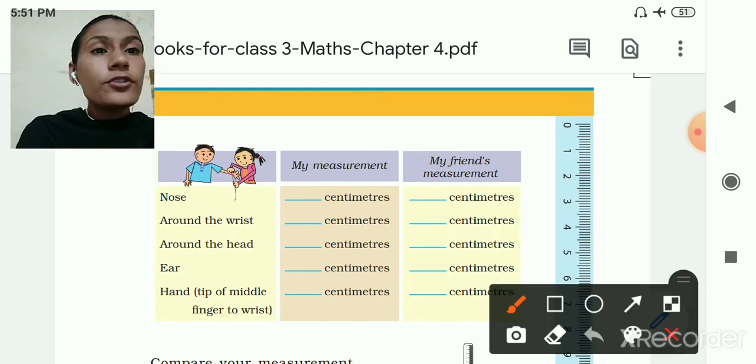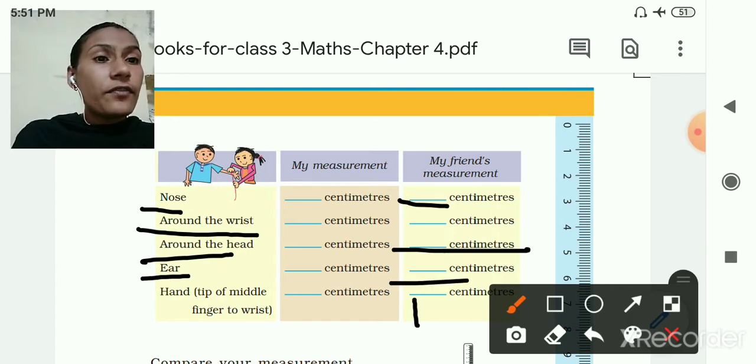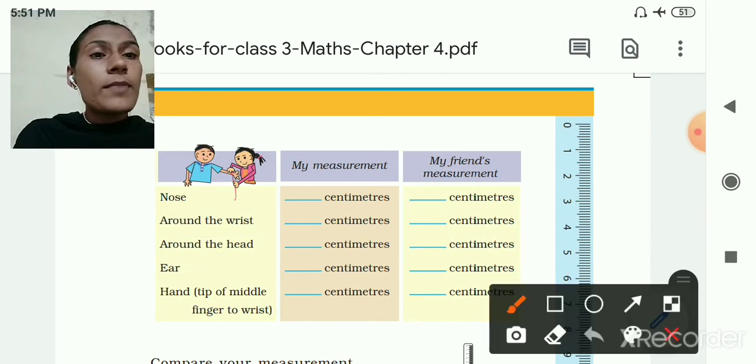What you have to do, you have to measure your nose and your friend's nose, then around the wrist, then around the head, then your friend's head, ear and your friend's ear, then hand and also your friend's hand.